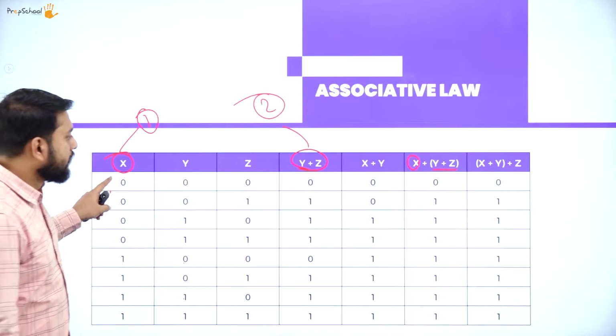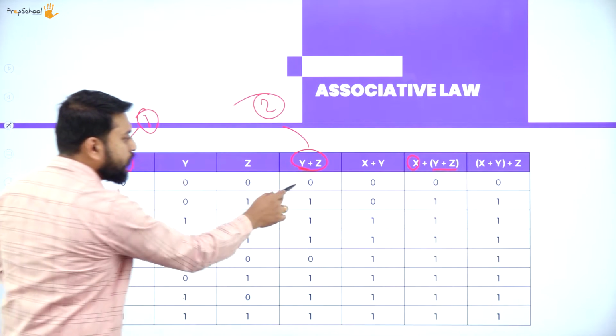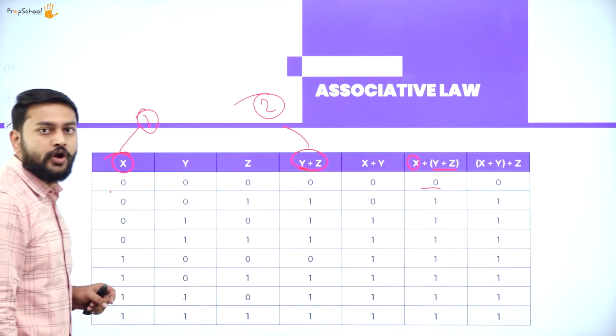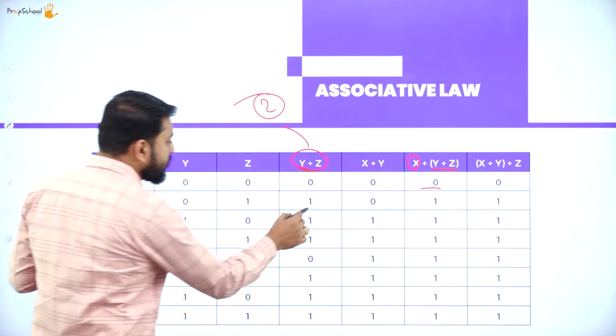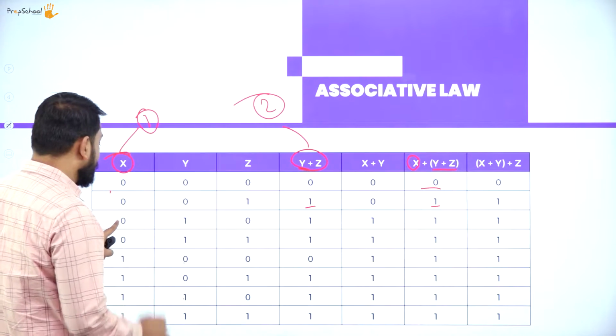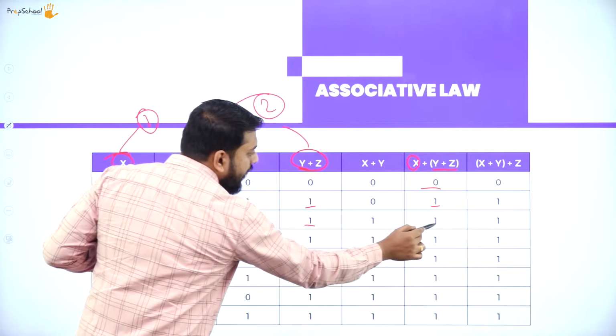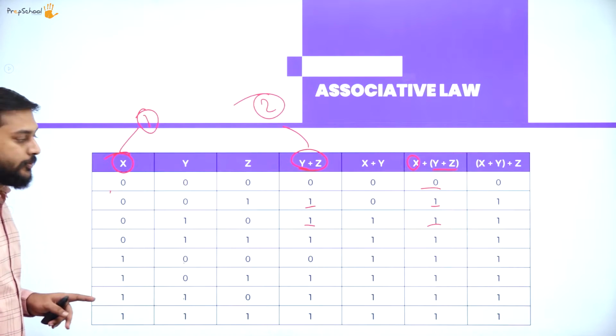Alright. So the resultant, I will be writing it here. So I have 0 plus 0. So it should be 0. Correct? So then I have 0 plus 1. It should be 1. I have 0 plus 1. It should be 1. So that's what you need to remember. Alright.